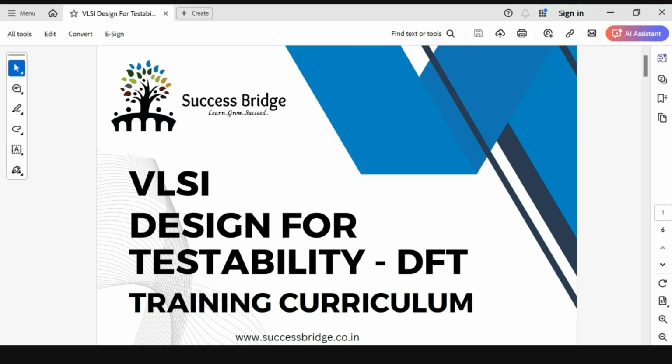Okay, sir. Testing method. DFT is also highly paid. The highest paying domains in semiconductor are physical design and DFT, also verification engineer actually. I think the left out one is the RTL design engineer. RTL design engineer is less paid because even academic outcome can write very low code.